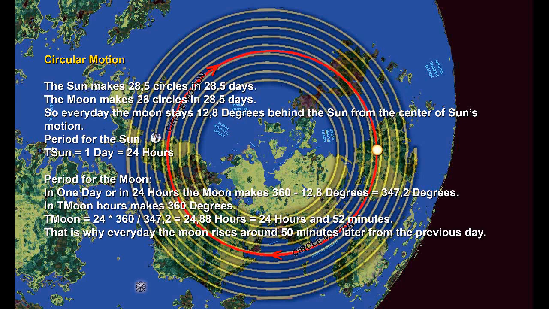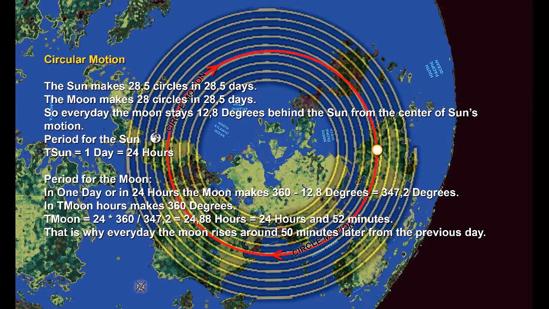Period of the Sun. T-Sun equals 1 day equals 24 hours. Period of the Moon. In 1 day or in 24 hours, the Moon makes 360 minus 12.8 degrees equals 347.2 degrees.